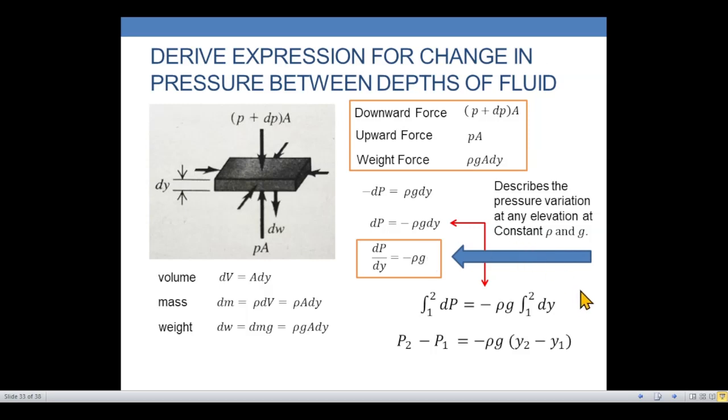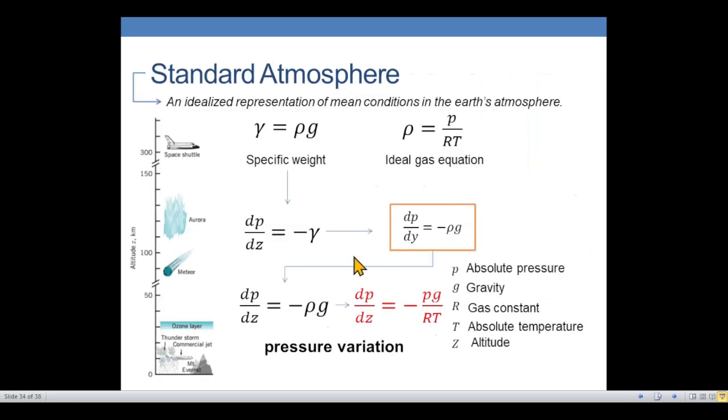Now, going back to that slide, the specific weight is again equal to density times the gravity, and the ideal gas equation is this one. The density is equal to pressure over RT, the R meaning the gas constant, times the temperature.